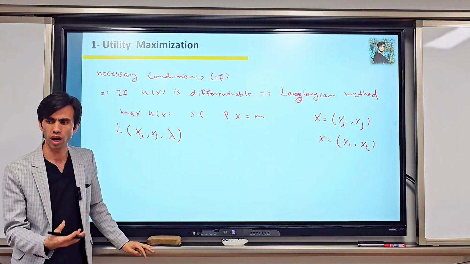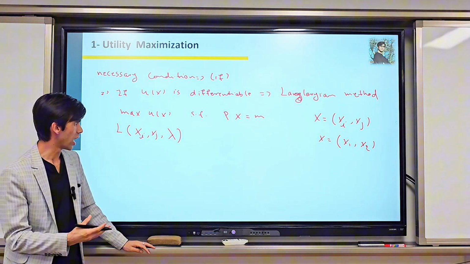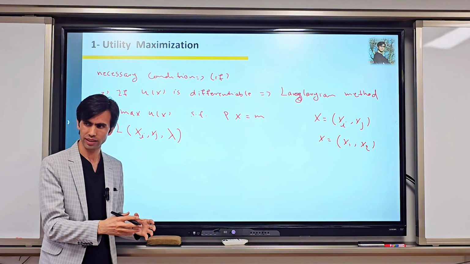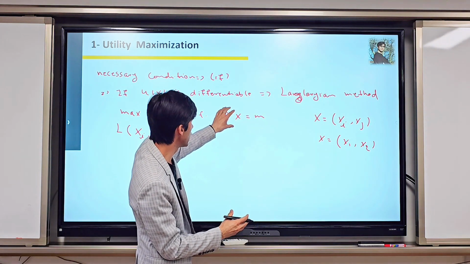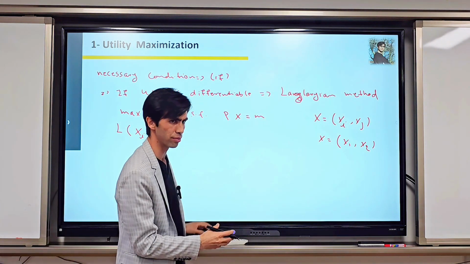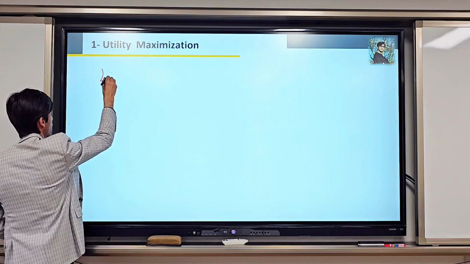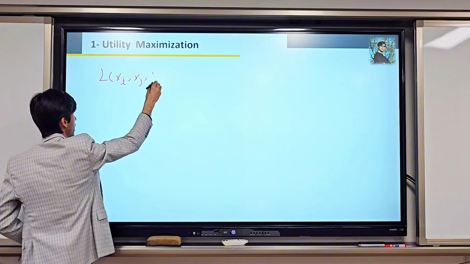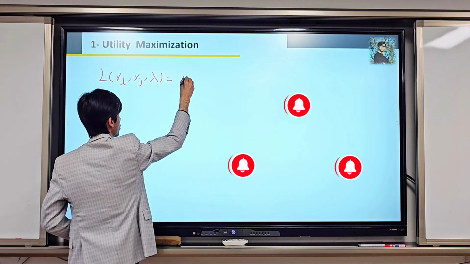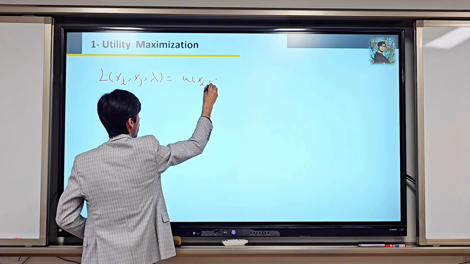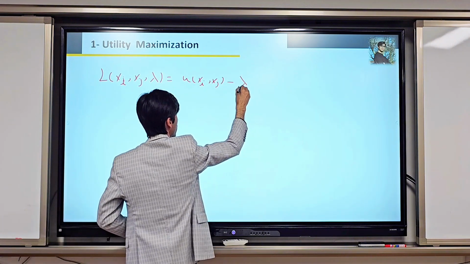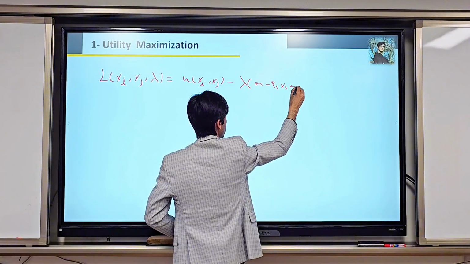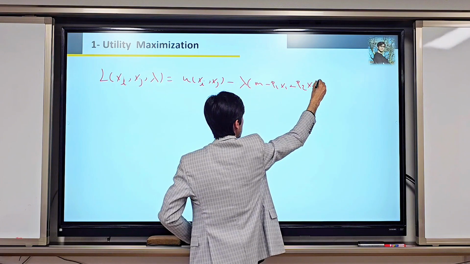The lambda multiplier helps you to maximize your utility in a way that you spend all your money on your consumption. So we write: Lagrangian of xi, xj, lambda is equal to u of xi, xj minus lambda times (m minus p1 x1 minus p2 x2).